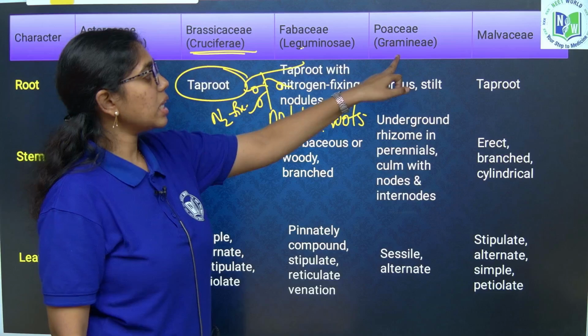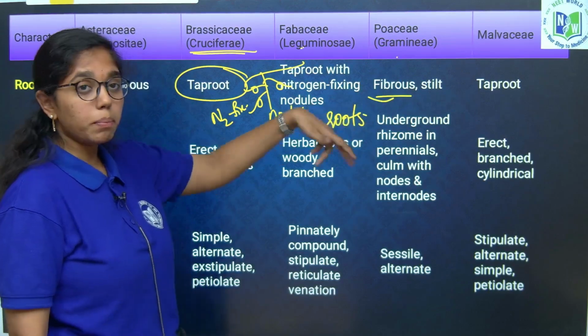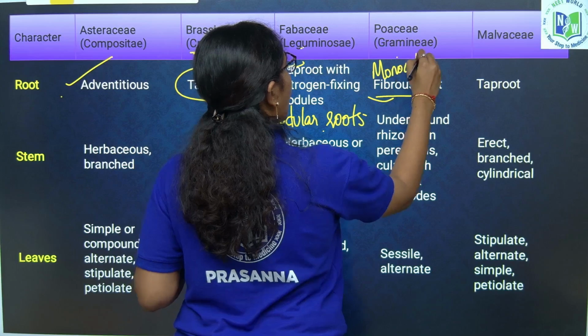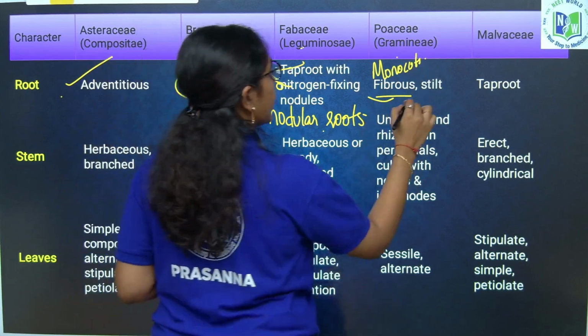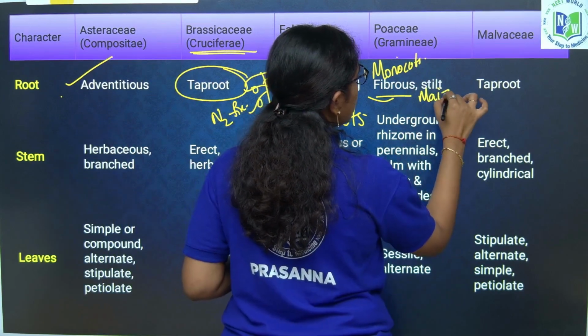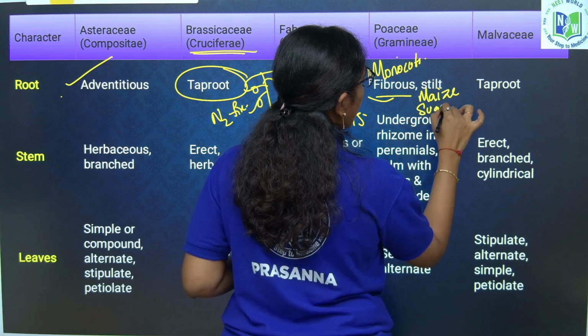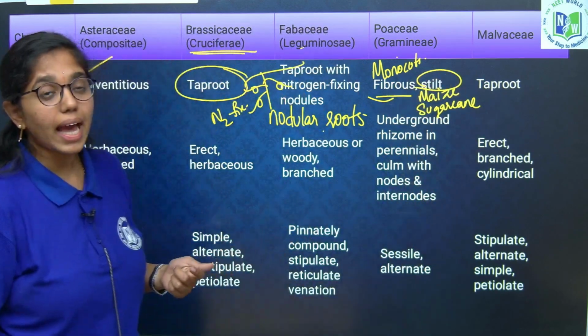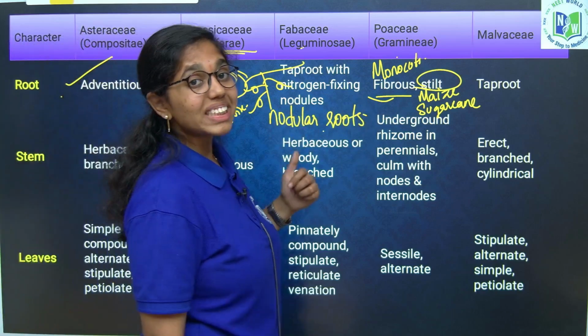Okay. Poaceae members have fibrous root system because most of them are what? Monocots only, and plants specifically like maize and sugarcane will possess stilt roots. Maize and sugarcane will possess what? Stilt roots.